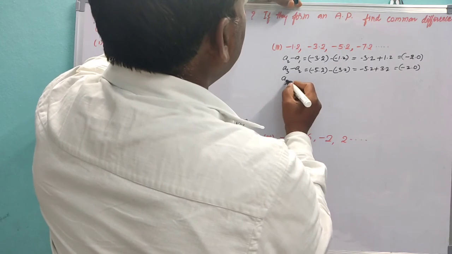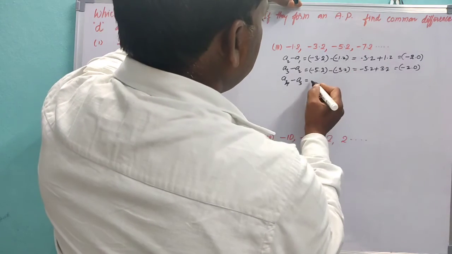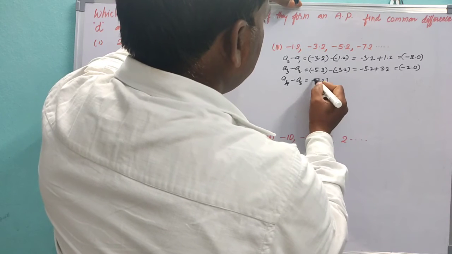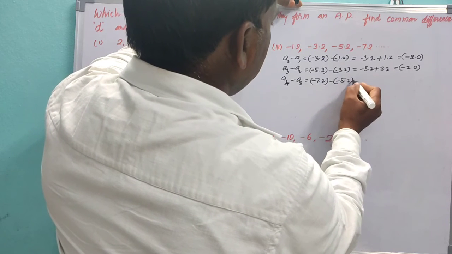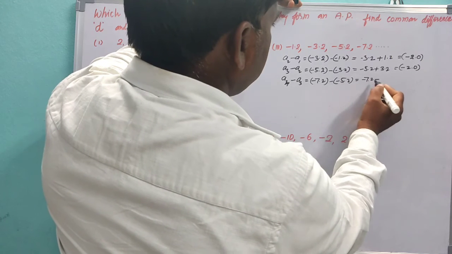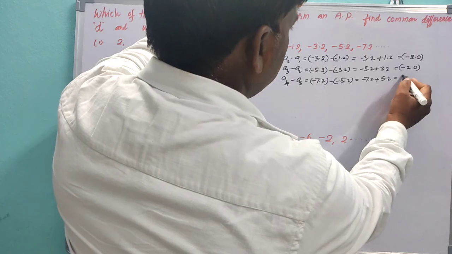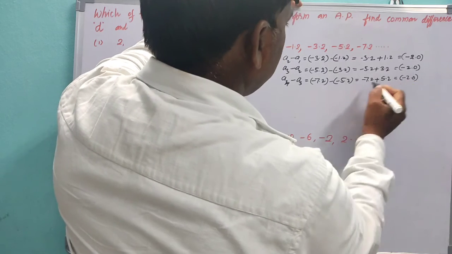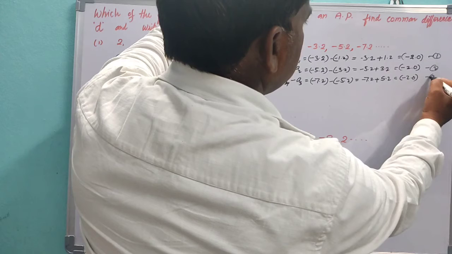And a4 minus a3. So what is a4? This is minus 7.2 minus of minus 5.2, which is minus 7.2 plus 5.2, and the difference is minus 2.0. So this is number 1, number 2 and this is number 3.